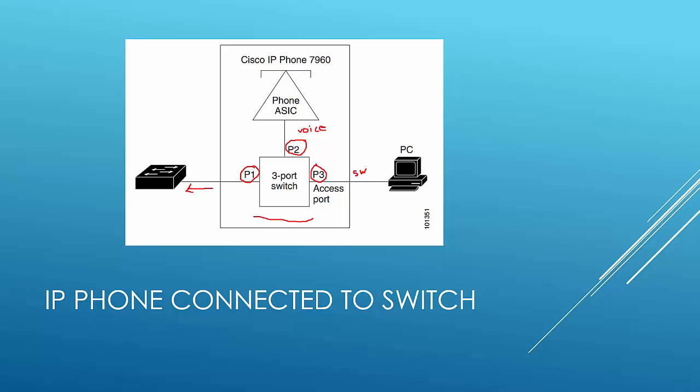You can also configure this access port on the switch to send CDP packets that tell the Cisco IP phone to send the voice traffic in different ways. For example, you can say voice VLAN tagged with a layer 2 class of service priority value, or access VLAN tagged with a layer 2 class of service priority value, or access VLAN with untagged packets.